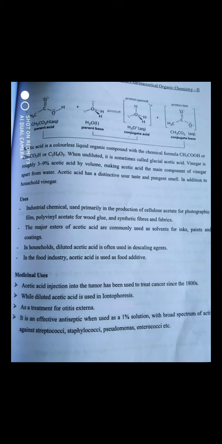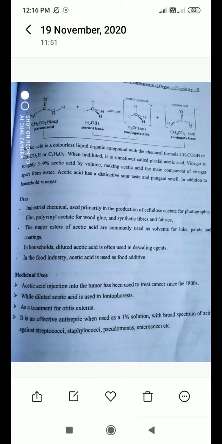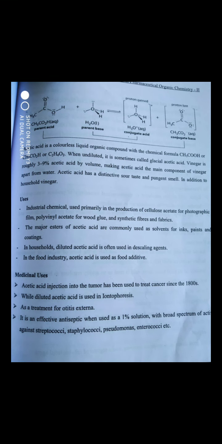Now let's start some description about this acetic acid, then what are the uses, general uses as well as medicinal uses. Now here we will see some physical properties. As this parent acid, CH3COOH, is reacting with the parent base H2O, it gains a proton from the acid.